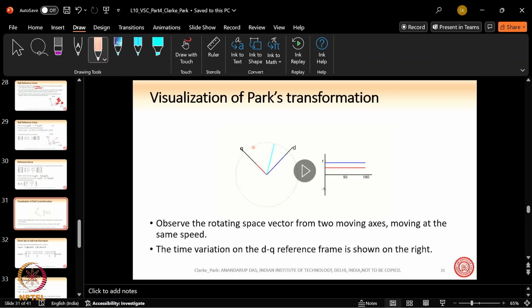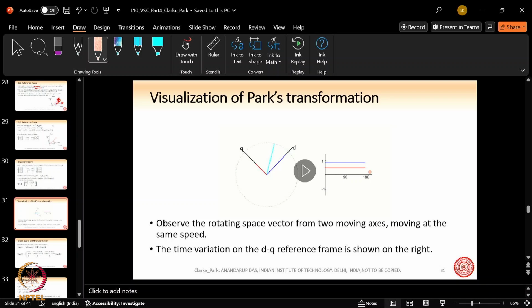So then what will I see? The projection on the d axis is this blue one, and this projection will remain constant, and the projection on the q axis, which is the red one, will also remain constant with time. When you observe the space vector in alpha beta, you had seen that the projections on the alpha and beta planes were sinusoidal in nature.